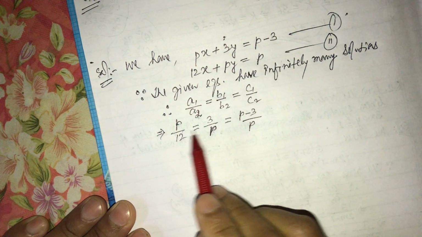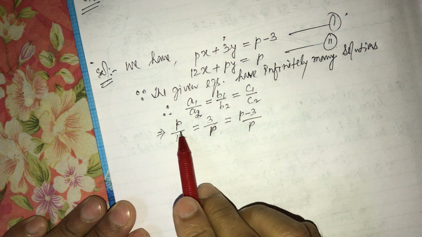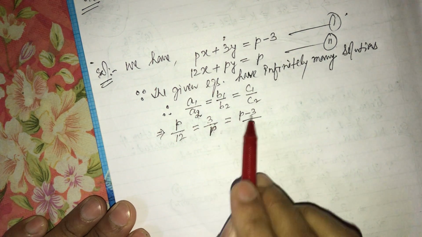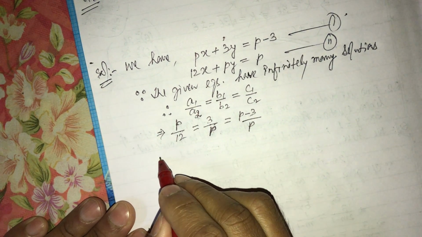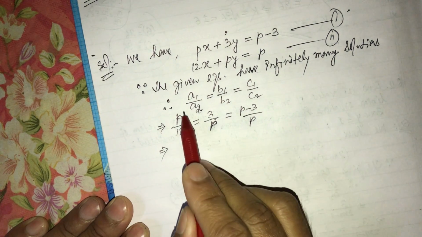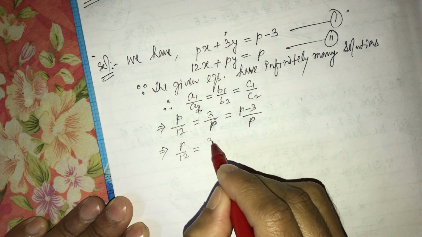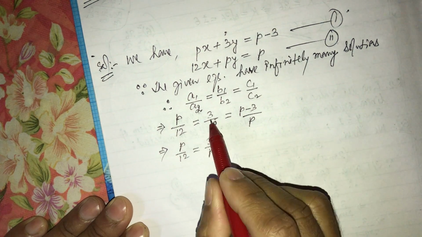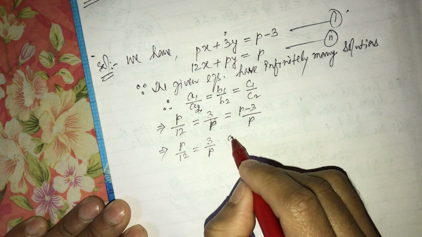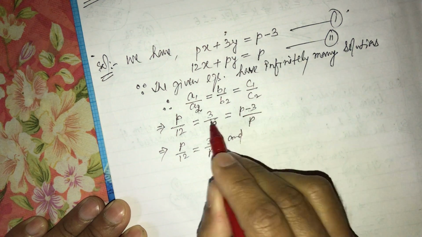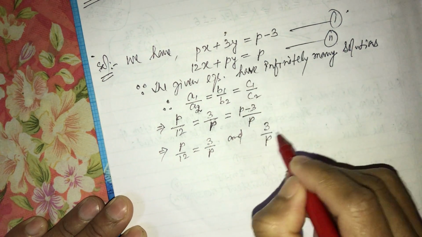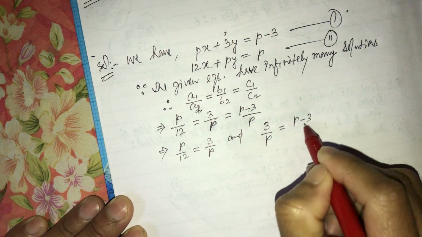Now we got 3 relations here. Again we'll go straight away, we'll take the first, p by 12, and 3 by p, I took these two here, and the other two, 3 by p and p minus 3 by p.